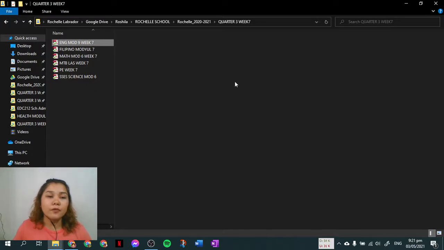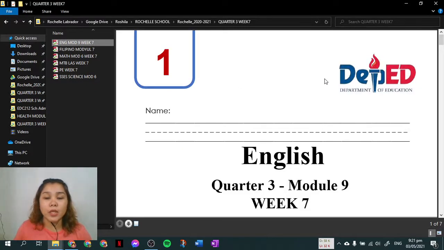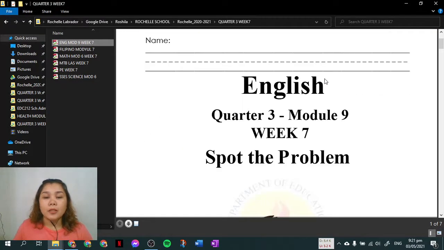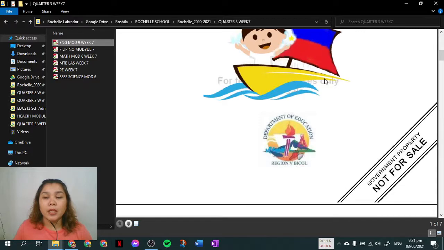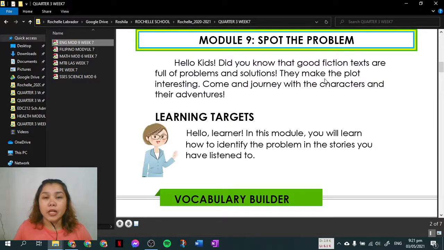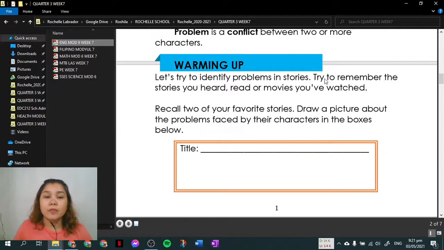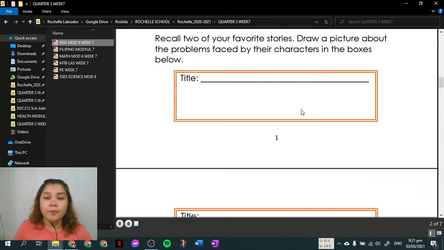Okay, next one for English Module 9, Week 7. It's about looking for or identifying the problem in a given selection or in a given text. Same parts. The activity starts with warming up.